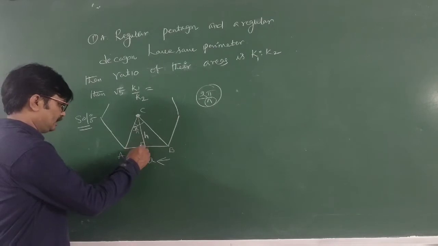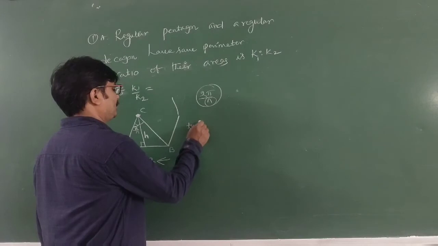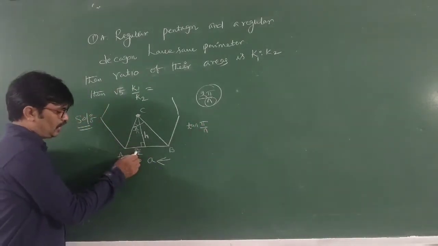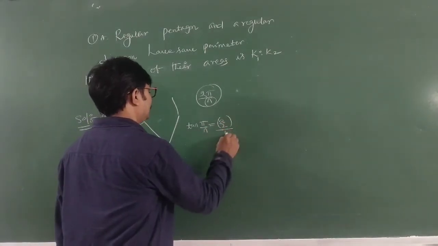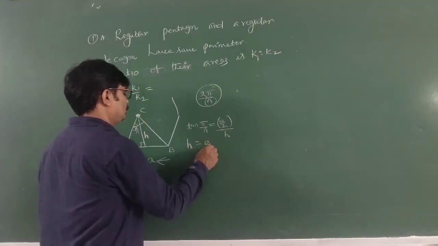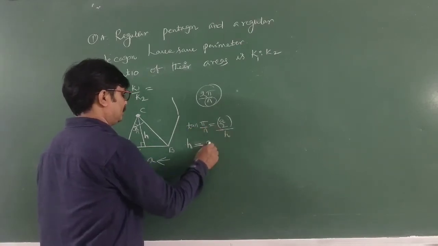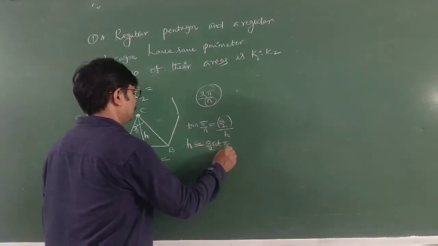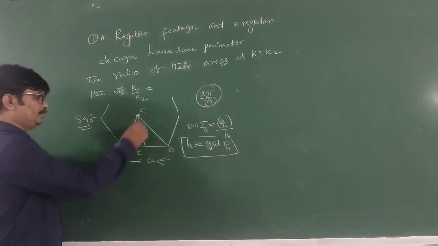From the right angle triangle, tan of pi by n equals opposite side a by 2 over height h. So h will be a by 2 times the reciprocal of tan, that is cot pi by n. This is the height.